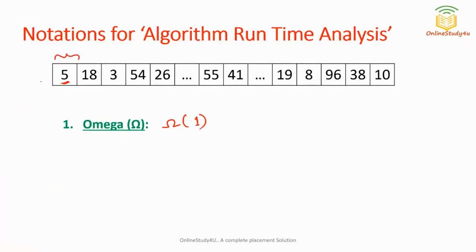Searching for 5, it is found at the first cell only, so it will take omega of 1 time. So this is the best case. It can't go below this. The minimum time to search an element in the given array is omega of 1.